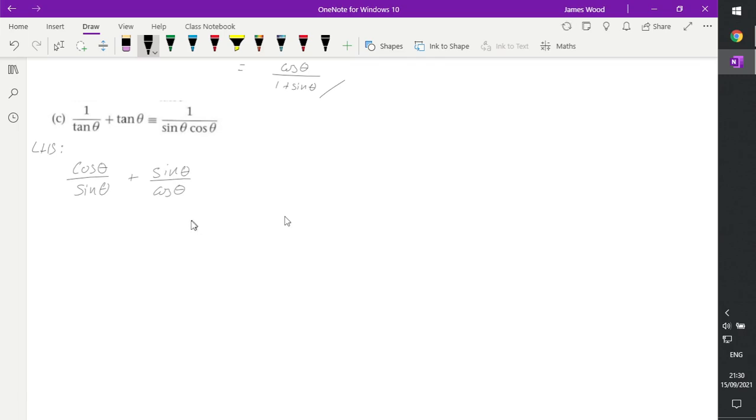Okay, now let's try and add these fractions together. So I'm going to need a common denominator. I'm going to make my denominator sine theta cos theta, which means that this one is going to become cos squared theta over sine theta cos theta, plus the other one is going to become sine squared theta over sine theta cos theta.